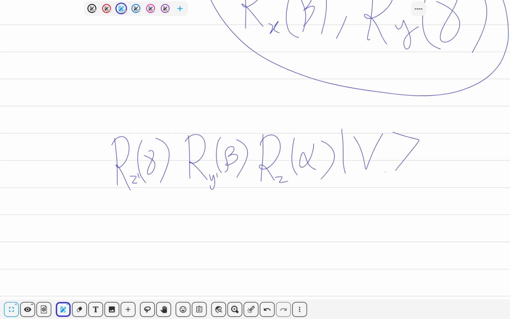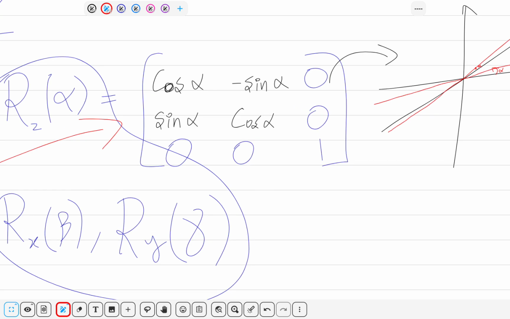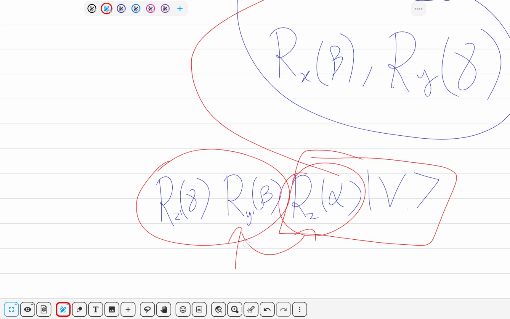So this matrix we immediately and easily know. It is with respect to our coordinates, but these two are not with respect to our coordinates. When we apply this, we are applying it on the rotated system, so we first have to find a way to represent this in R space, and we can easily do that.